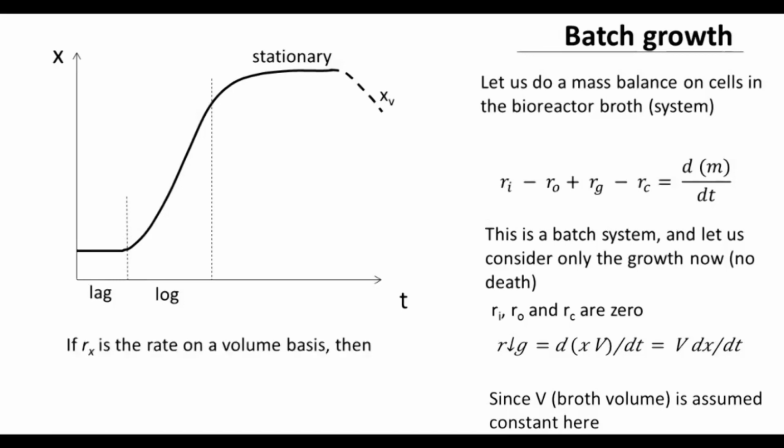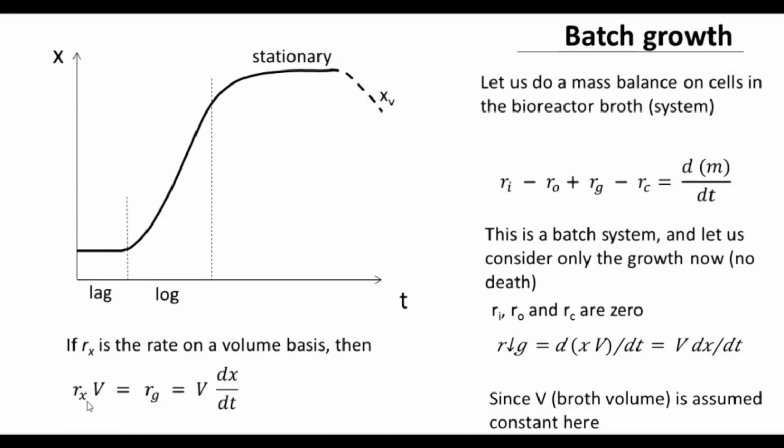Now, if Rx is the rate on a volumetric basis, again those are the ones that are directly measured, so we will write it in terms of them. Then Rx into V would be equal to Rg. This is the rate on a concentration or a volumetric basis. In other words, the rate of change of cell concentration with time is what Rx is.